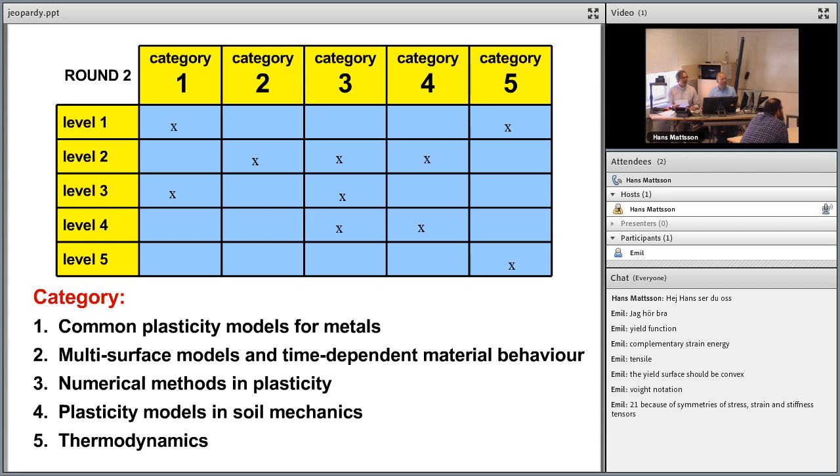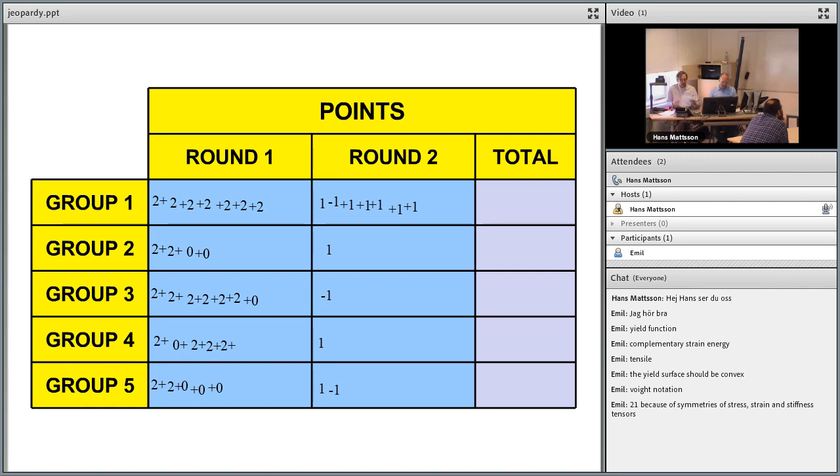Will you let other groups into the game? Okay. 4-3. Category 4, level 3. How is a conventional traction test performed? Yes, group 4. Good, group 4 enters the game.